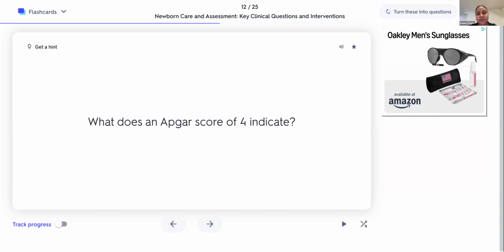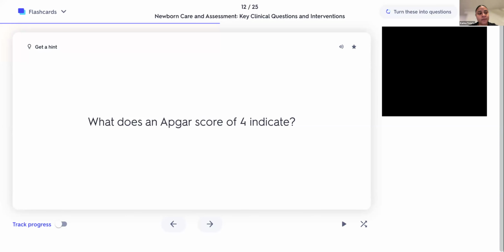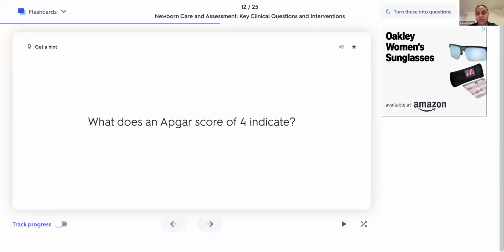Yeah, and the highest score is 10. So if it's a 4, what could that indicate? It could indicate a lot of stuff, but she just said most of the stuff. I would say that most of it will probably indicate a low respiration.